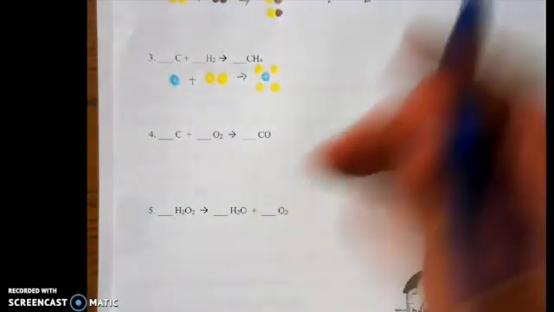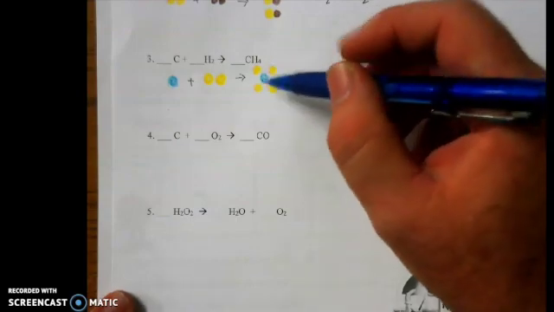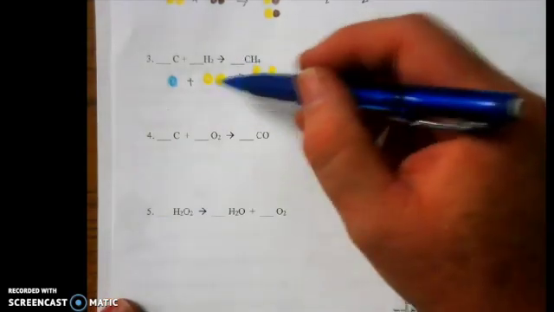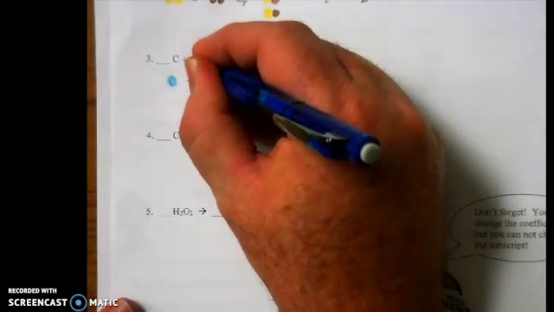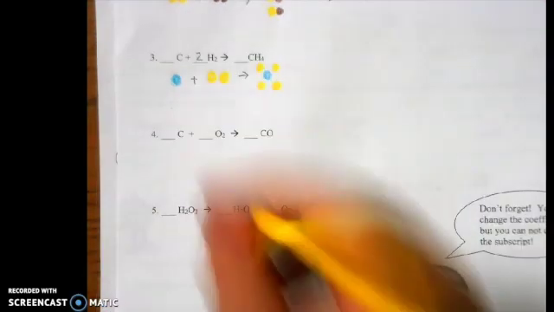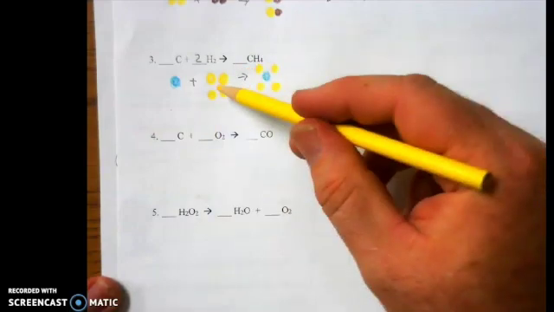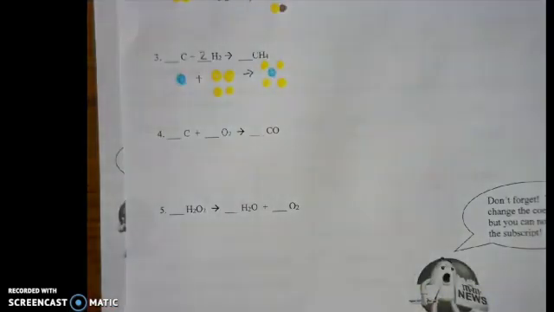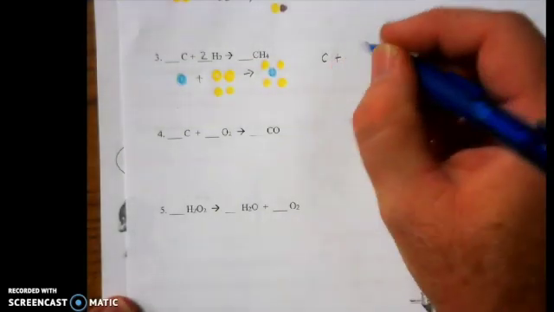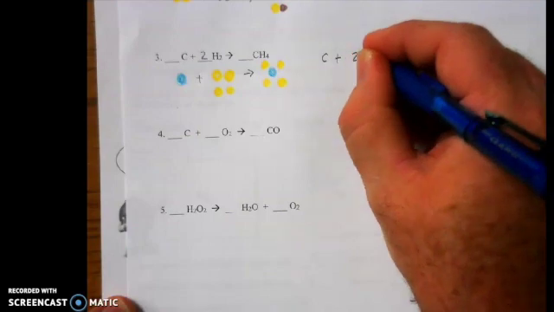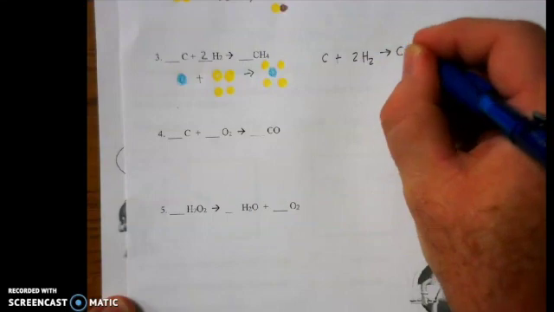Now if we look on the right side, we have 1 carbon, we have 1 on the left, so we're happy there. But we've got 4 hydrogens and only 2 hydrogens on this side. So if we add a coefficient of 2, we get to add another H2 molecule. And now we're good to go. 4 hydrogens, 4 hydrogens. So our final balanced equation, carbon plus 2 hydrogen molecules, 2 H2s, will yield CH4.